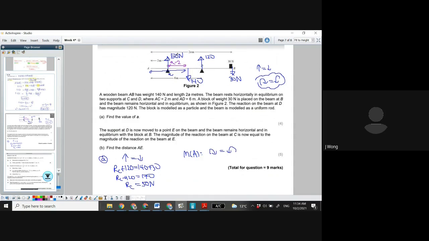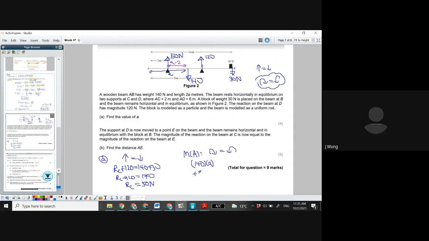So if I take moments at A, there are 4 forces here, and they all contribute to the moment equation because they're not exactly at point A. So let's do the clockwise ones first. That will be 140 and 30. So that will be 140 multiplied by the distance of A, because that is the weight of the rod, and since it's uniform, it has to be halfway through.